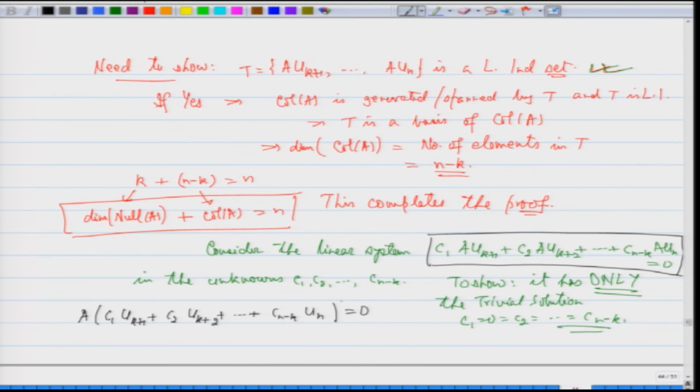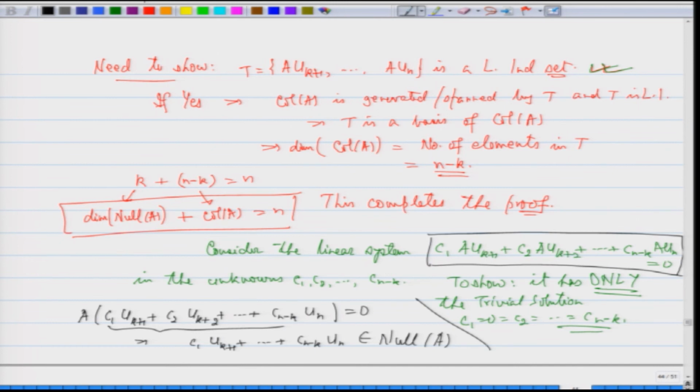I have just taken out A on the left, matrix multiplication. Now, this tells me that this vector, C1 u_{k+1} plus so on till C_{n-k} u_n, belongs to the null space of A. Is that okay? This is important.